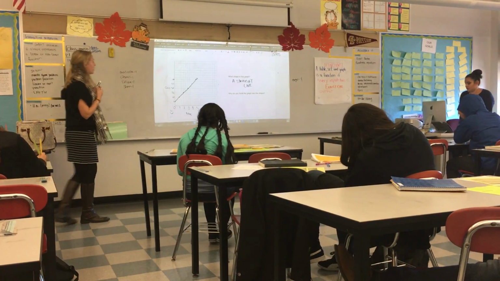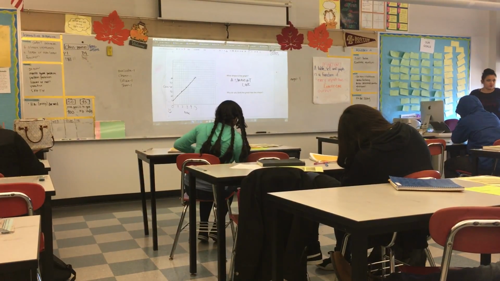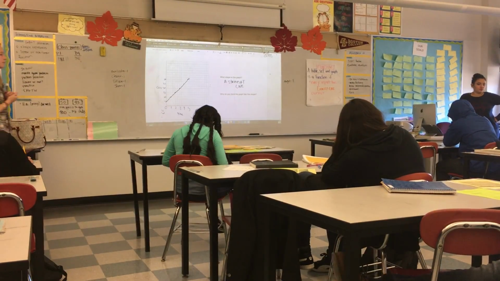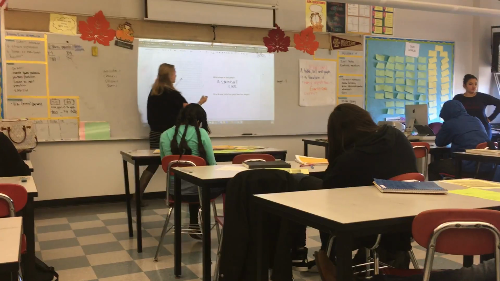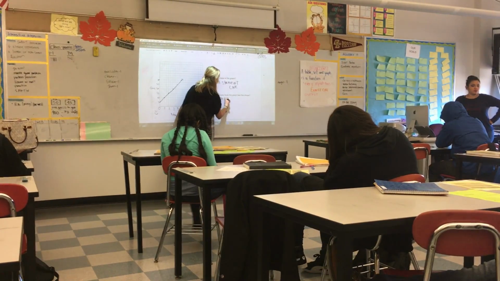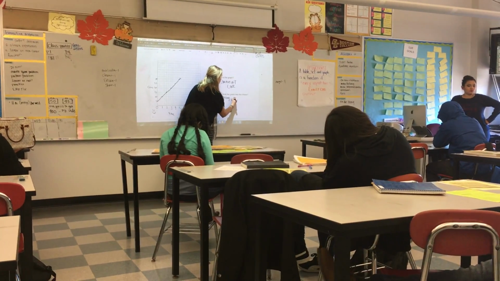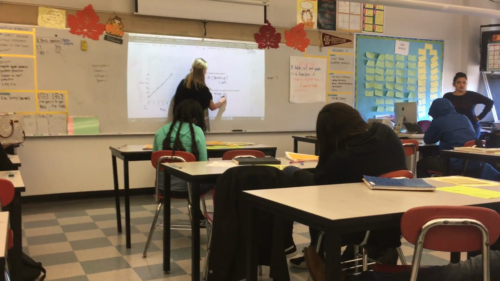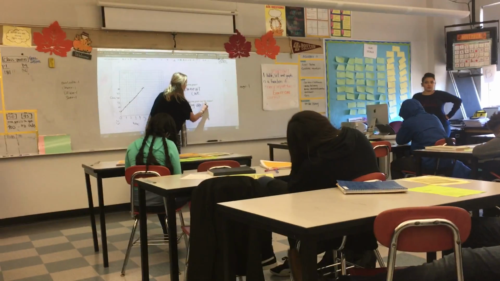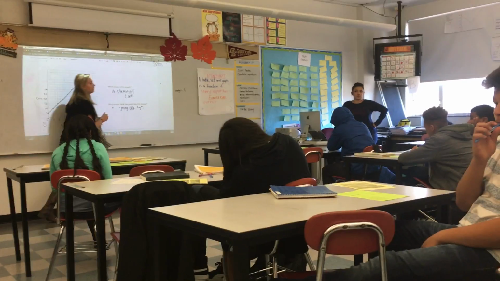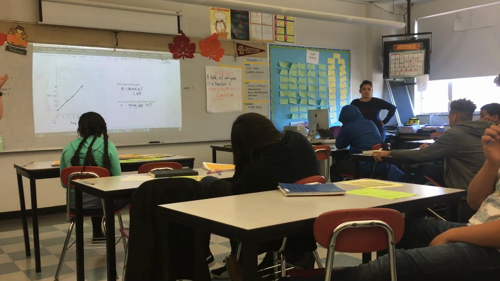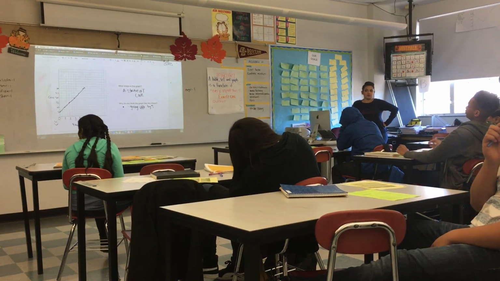And Kyrie, why might it be a straight line? Okay, we can say it has something to do with how it's going up by 5. So that has something to do with the fact that it's straight. We're going to investigate that.